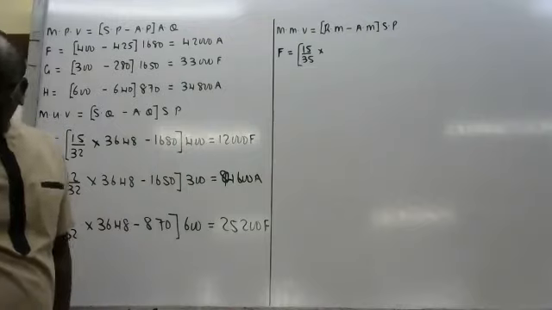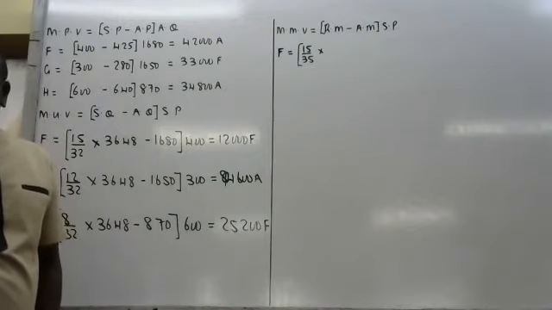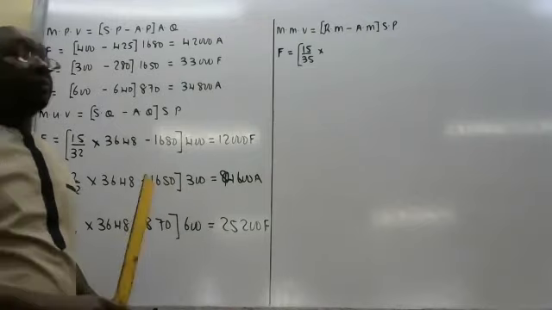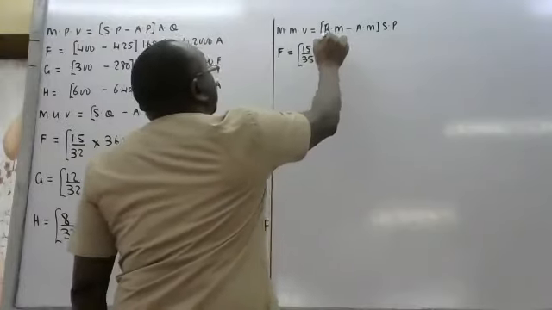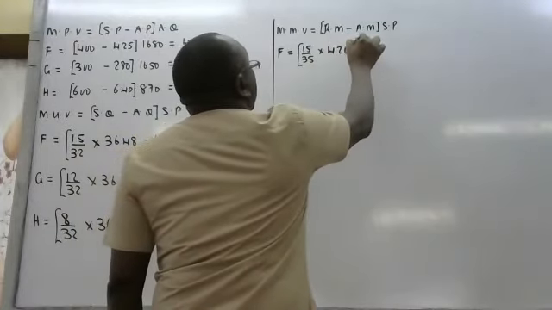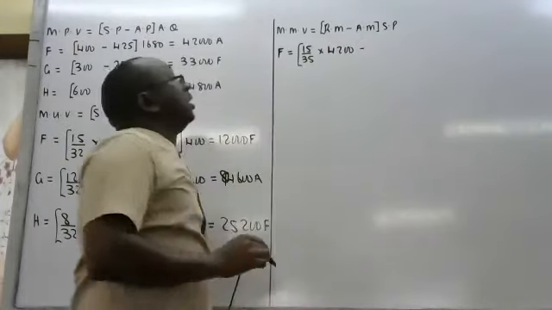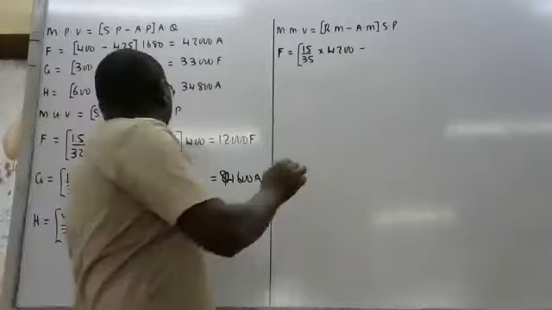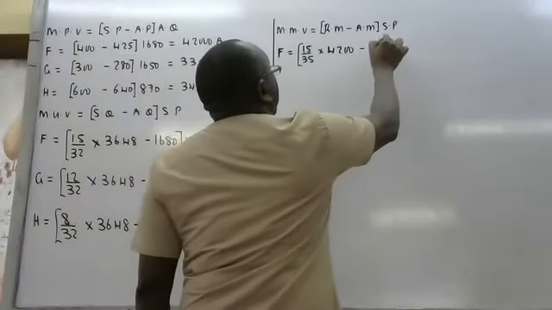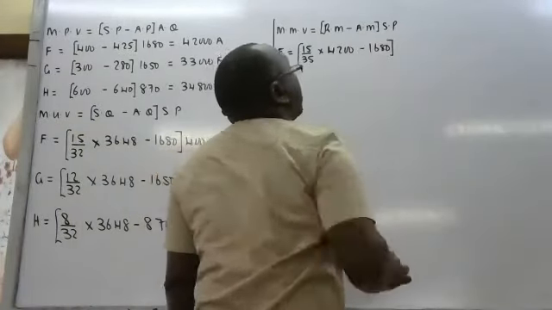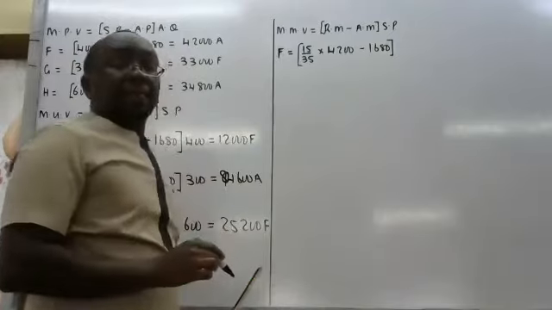You're to do the actual total ilikuwa ngapi? 4200 minus the actual mix. The actual is 1680.